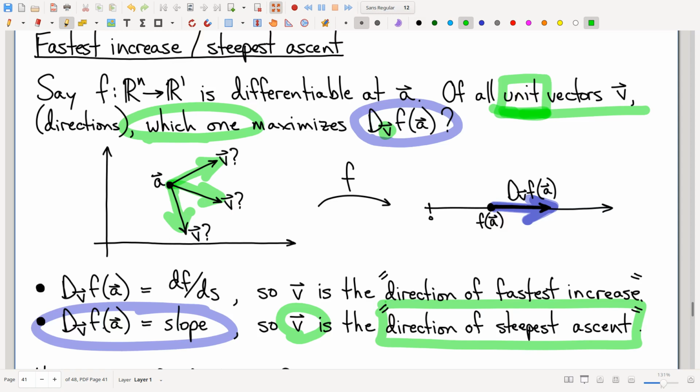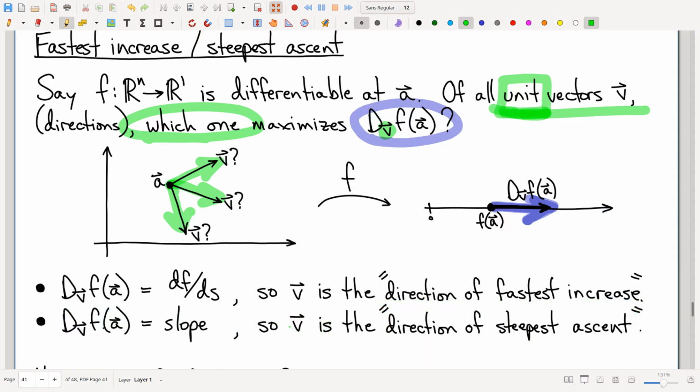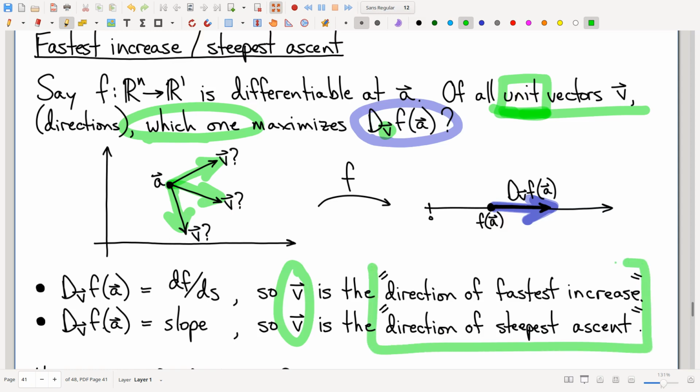Now, I have a personal feeling on the choice between these two terms. The vector in question can be described by either one of these. If you think about it, this one about steepest ascent only makes sense if you're talking about graphs, because directional derivatives are slopes only if you're talking about graphs.